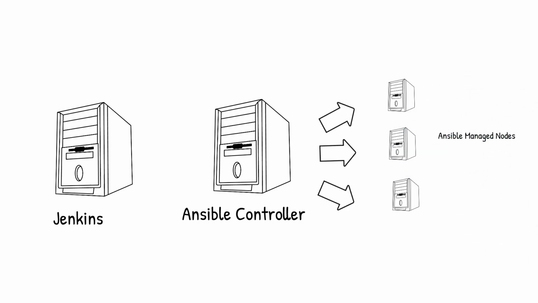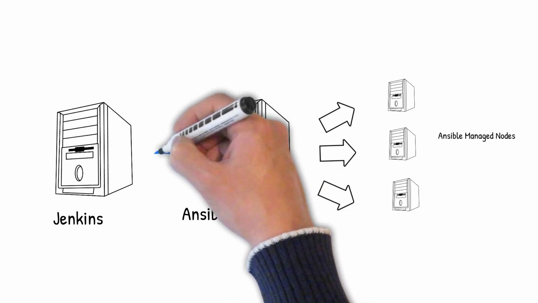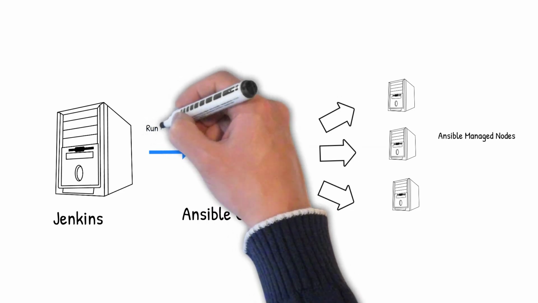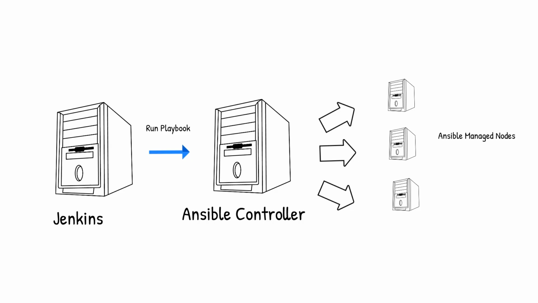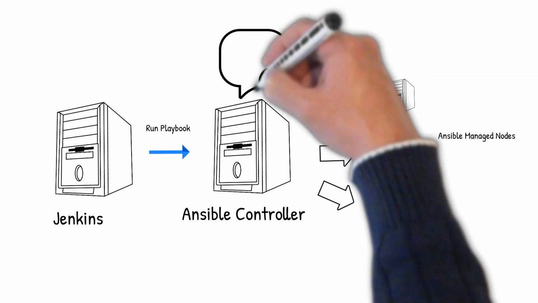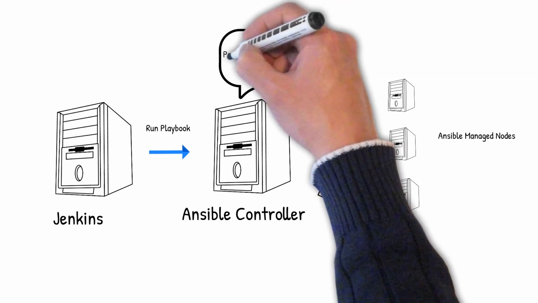At one point in the process, we are going to write Ansible playbooks, and then we are going to instruct our Jenkins job to run the Ansible playbook. But before the Jenkins job can make these Ansible playbooks run on the Ansible controller node, we'll have to log into our Ansible server from the Jenkins job.